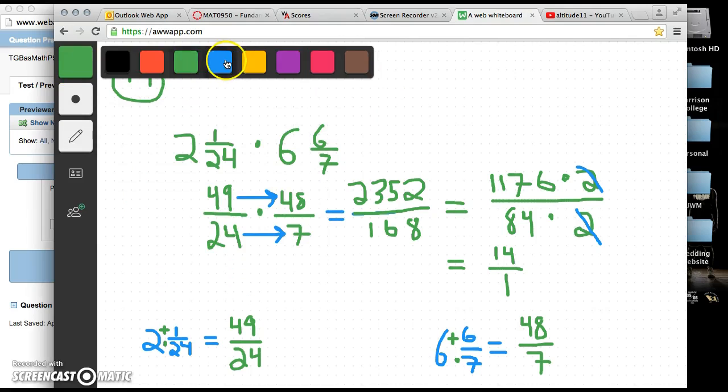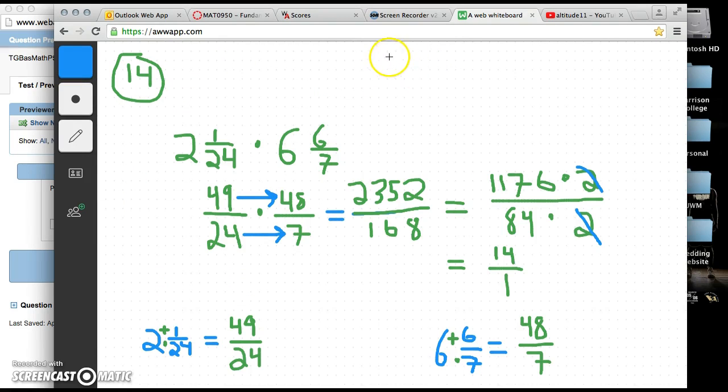I'm sorry, I'm running out of space here, but let's rewrite this up here. We have 1,176, and that's all divided by 84. I just showed using the calculator that 1,176 is the same thing as 84 times 14. So we have 14 times 84 in the numerator.